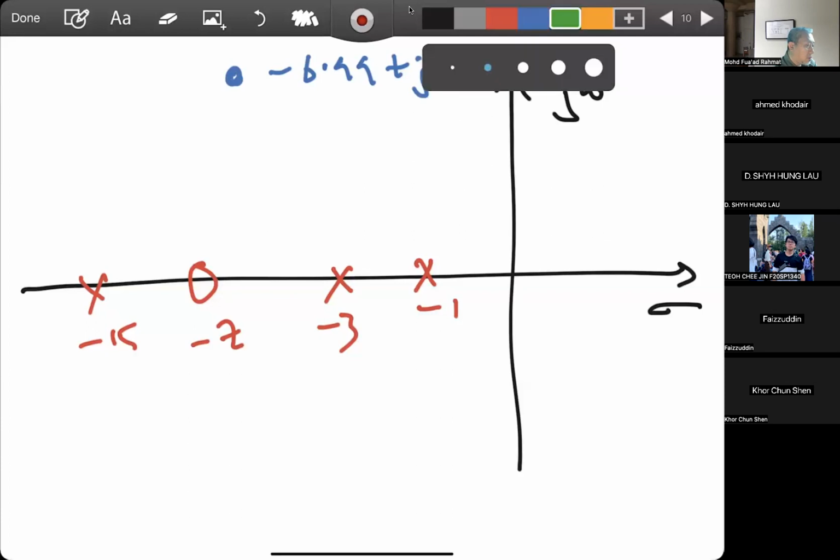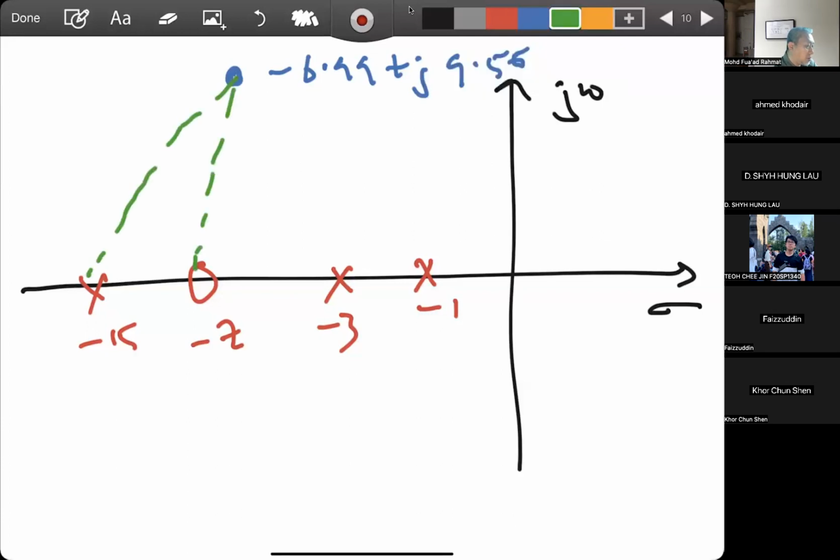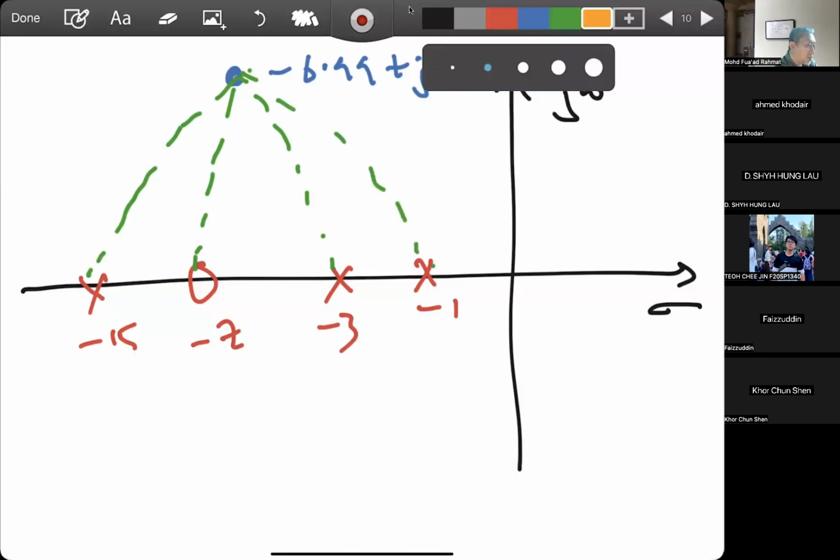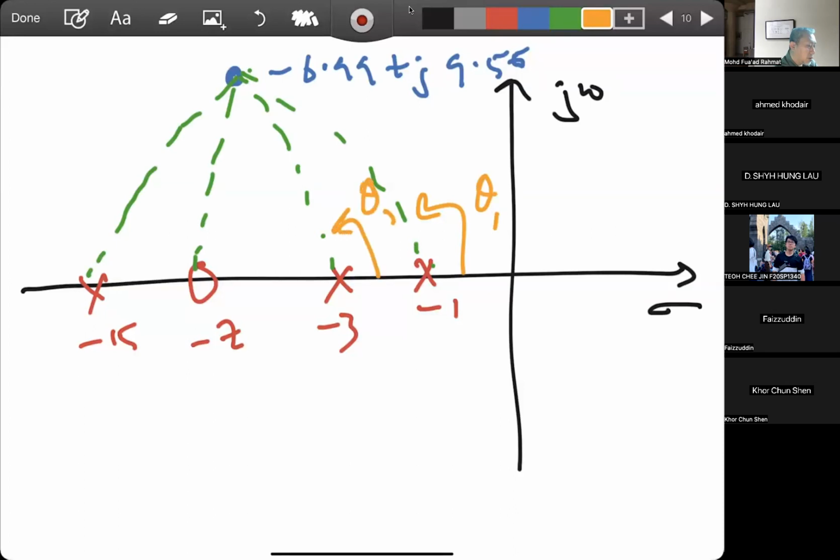Okay. And then as usual, you have to measure the angle. This PD controller is not simple and it's not straightforward like the PI, okay? So you have to do some calculations on that. Okay, so theta 1, theta 2, theta 3, and theta 4.